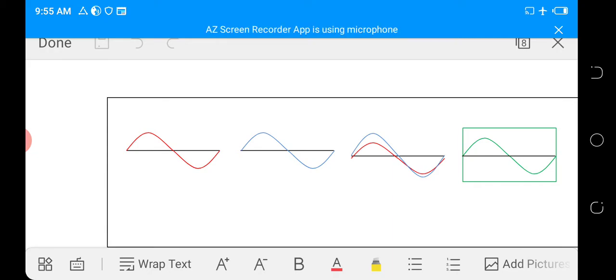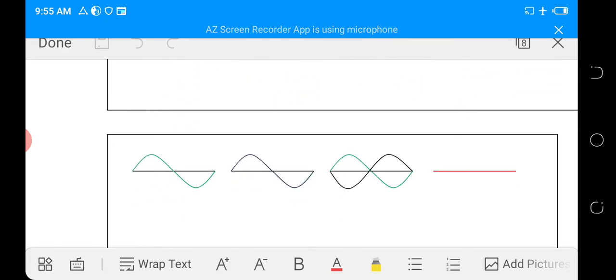This is a kind of constructive interference, and the kind of wave we are going to get here is a wave which is going to have double the amplitude of each of the waves that are superimposed. Remember, the two waves have the same frequency and the same amplitude. So after the superposition, the amplitude produced is going to be twice the amplitude of each of them.